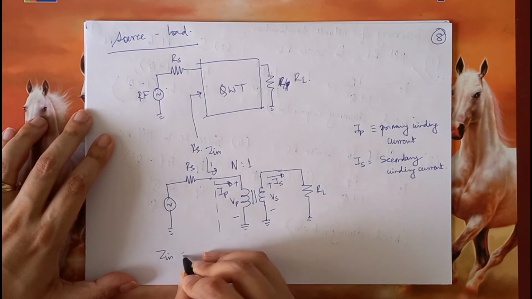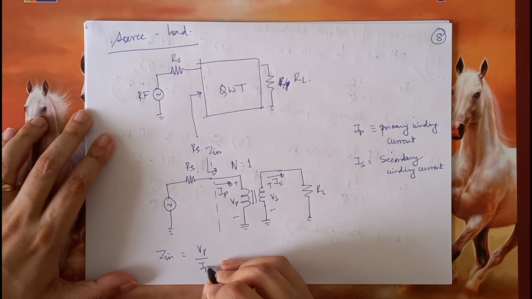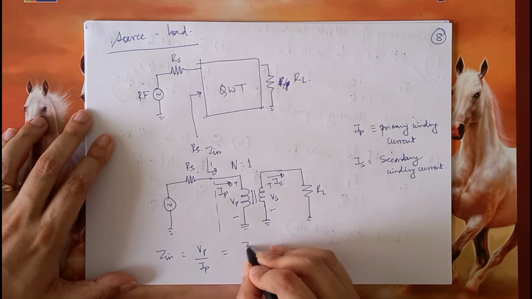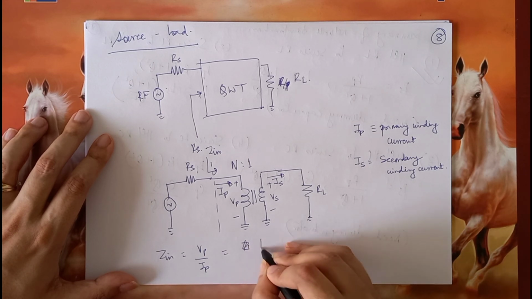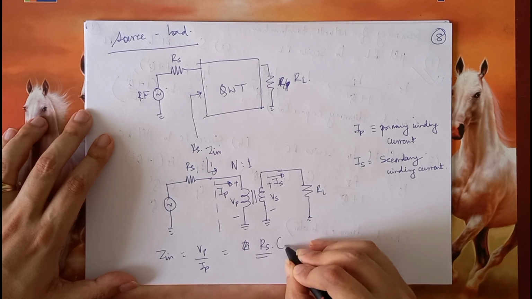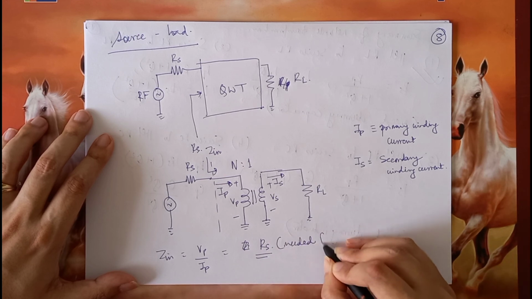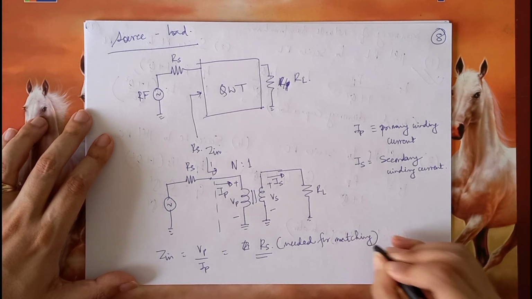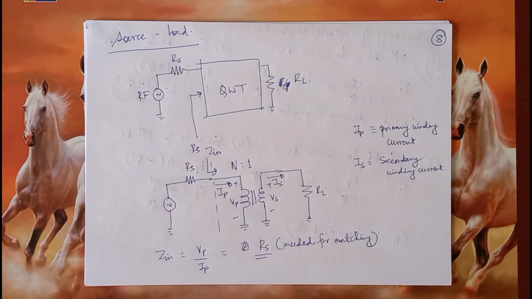So Zin is essentially nothing but Vp by Ip of the transformer, and that should be equal to Rs. This is needed for matching.